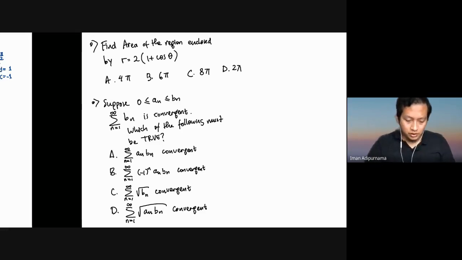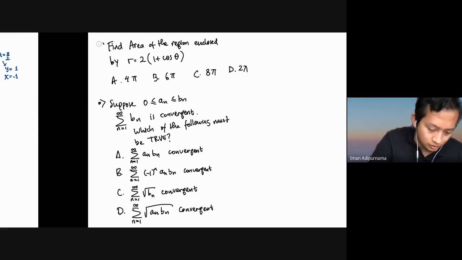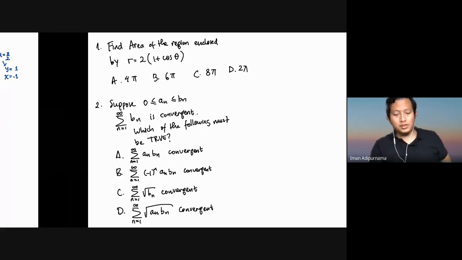For the first one, let me write the questions. Sorry, so this is 1, this is 2. So what is number 1 now? Find the area of the region enclosed by the cardioid. And the second one is supposed to be an analytical question.